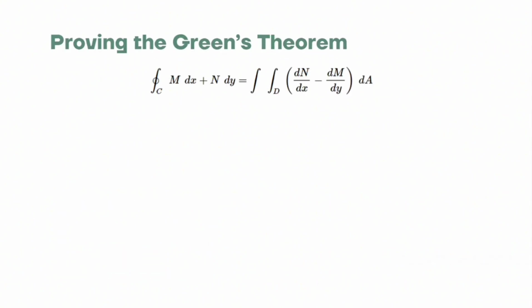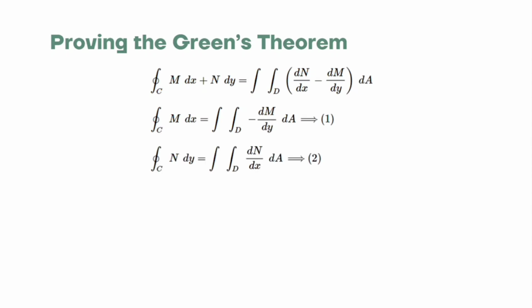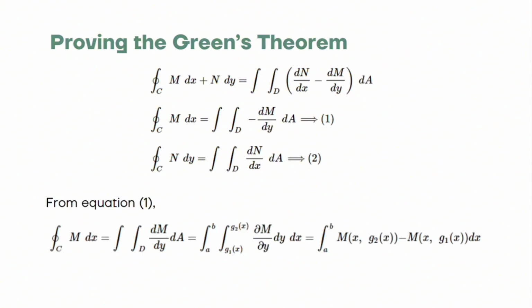From the general equation of Green's theorem, we derive two equations, which are integration of M dx equal to double integral of negative dM over dy dA as equation 1, and integration of N dy equals to double integral of dN over dx dA as equation 2. So from equation 1, we let the interval of integration as a and b for the first integration and g1(x) and g2(x) for the second integration of dM over dy dx.